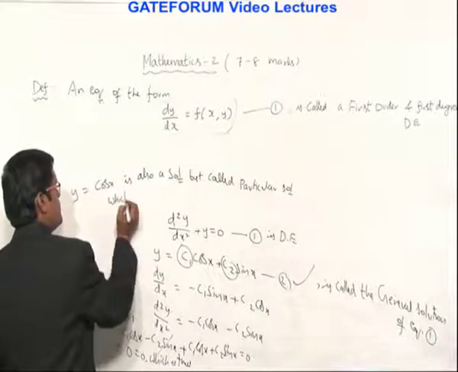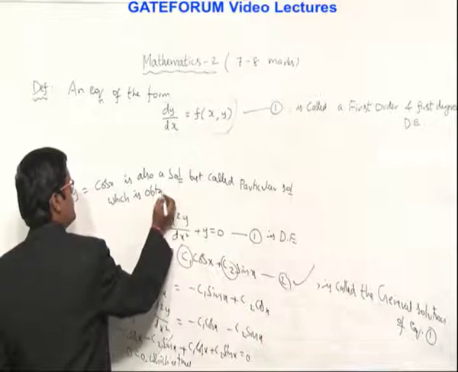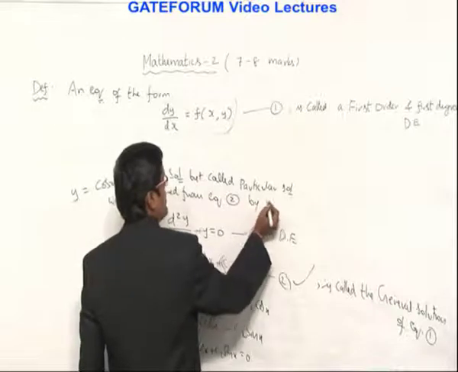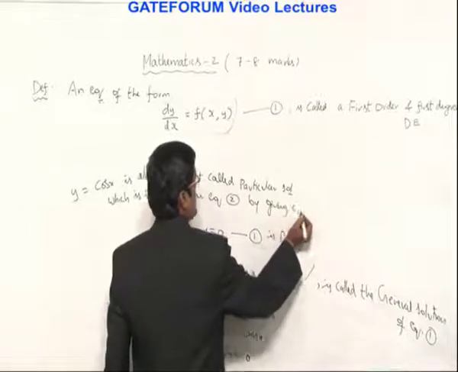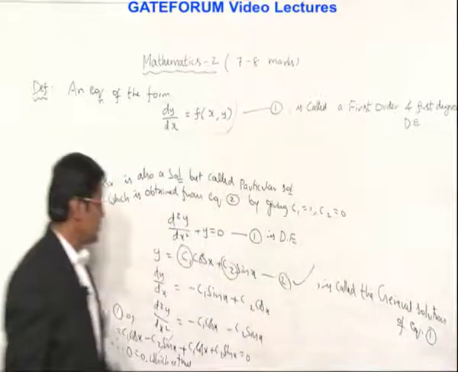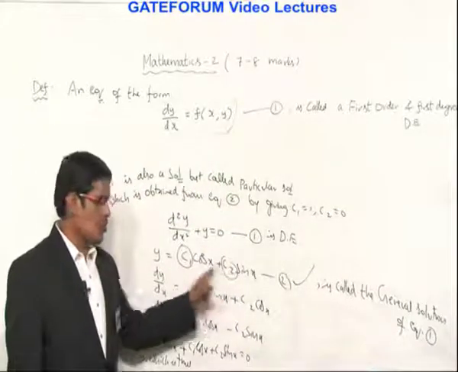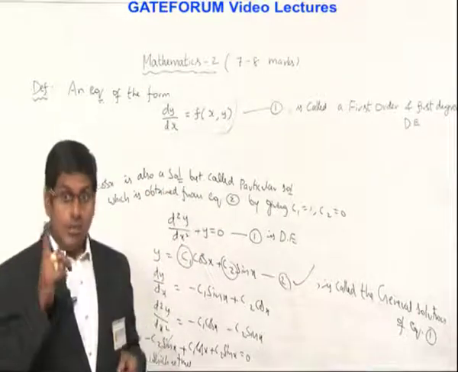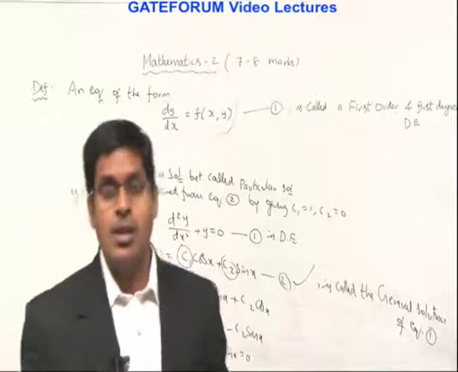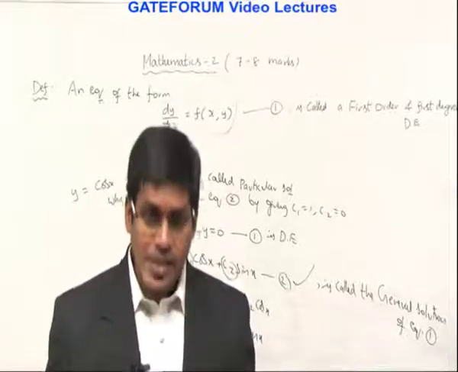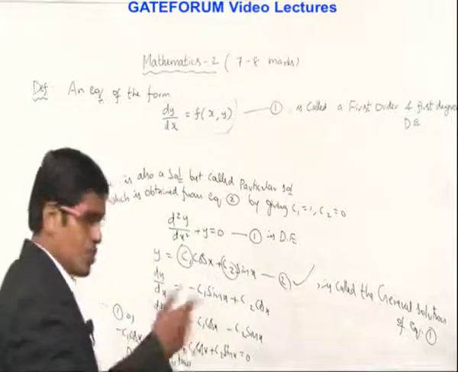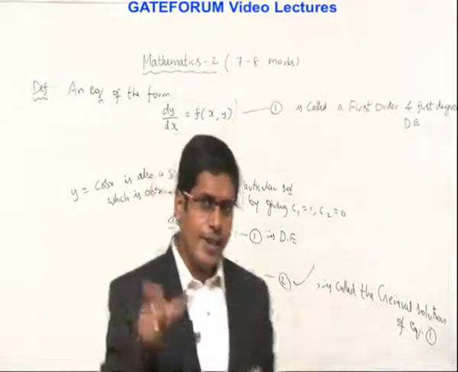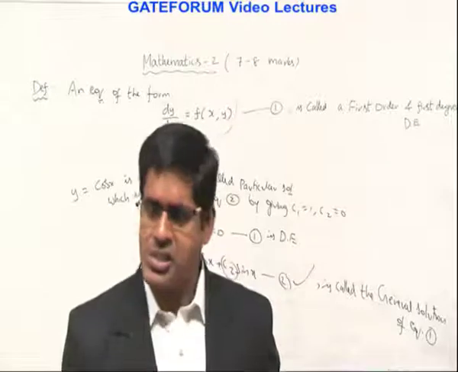So this is one of the particular solutions. The general solution is unique for any differential equation, but particular solutions are many, depending on the values given to C1, C2, C3, etc. A first order equation has a solution containing one arbitrary constant, a second order differential equation has two arbitrary constants, and so on.